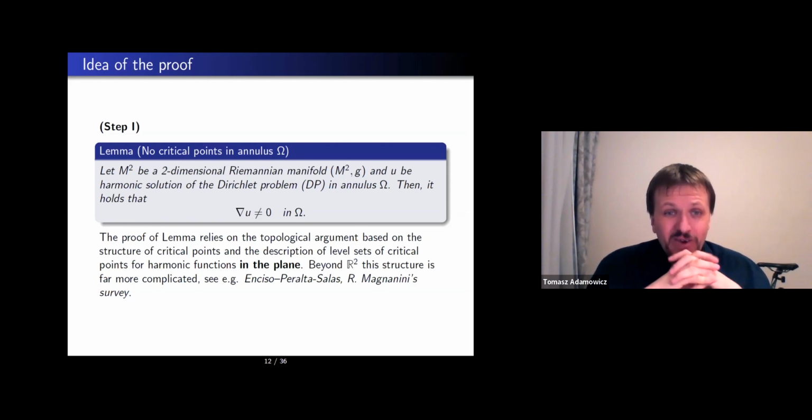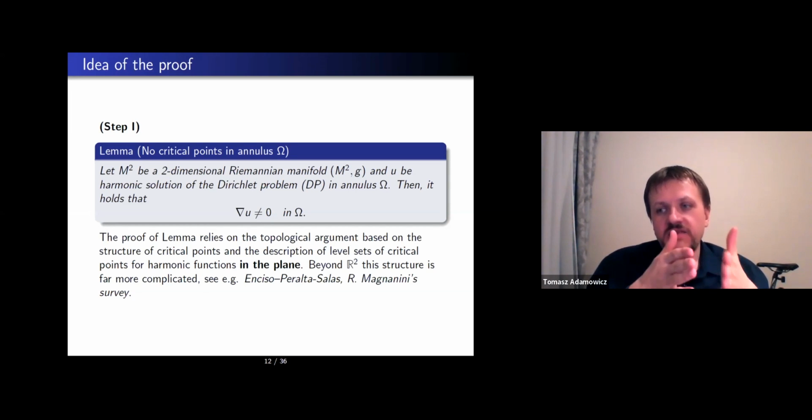In our case, the proof of the lemma is based on the structure of critical points for harmonic functions in dimension 2, and on the knowledge of how the level curves look close to the critical points.